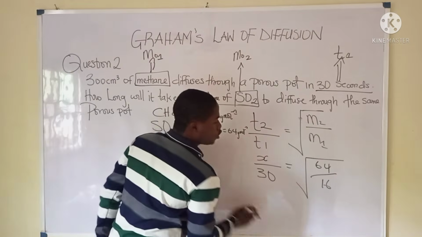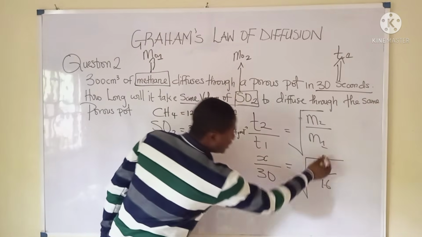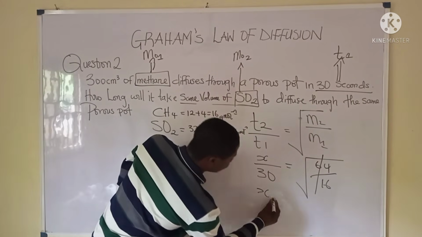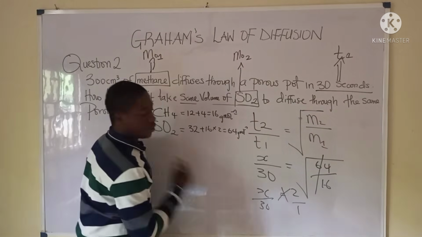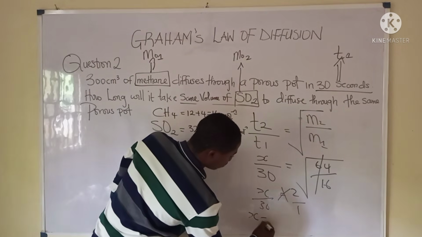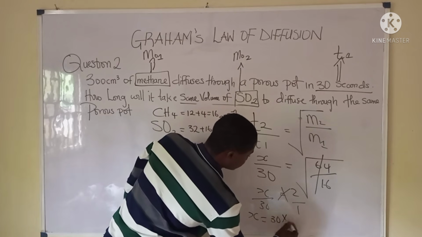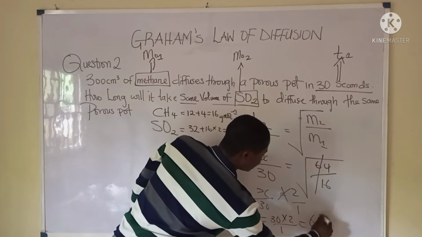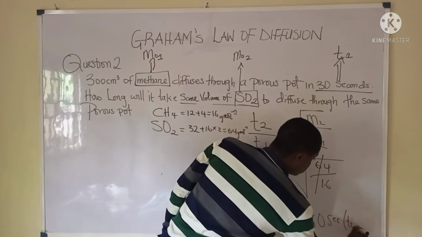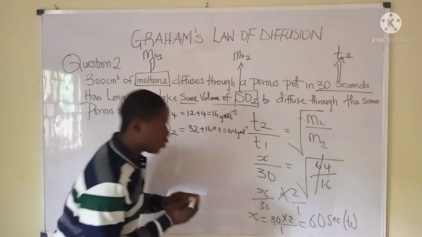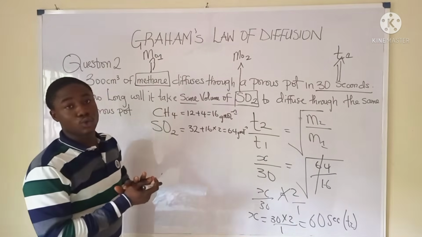So now, root of 64 over 16 gives us 2. So we have x over 30 equals 2 over 1. So when we cross multiply, x becomes 30 times 2. So basically we have 60 seconds for the time 2. Okay, 60 seconds for the SO2 gas.